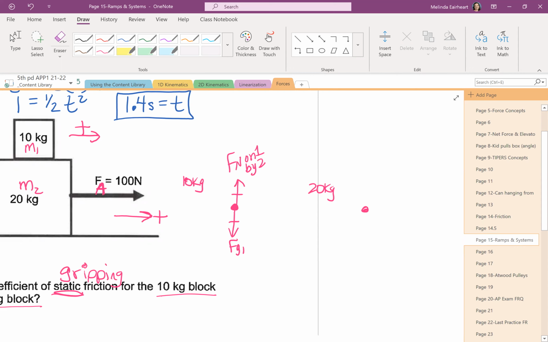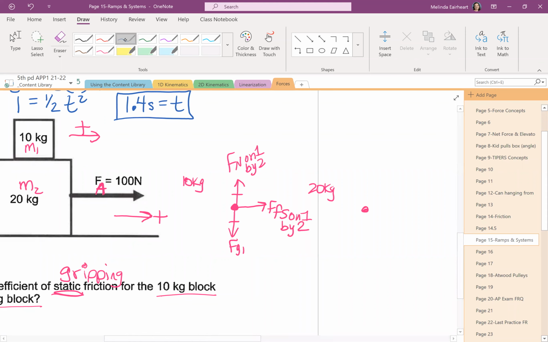Here's where that's applied. And so you do have this forward static friction, and watch, just to be detailed, it's on 1 by 2. Don't start thinking it's static with the floor.